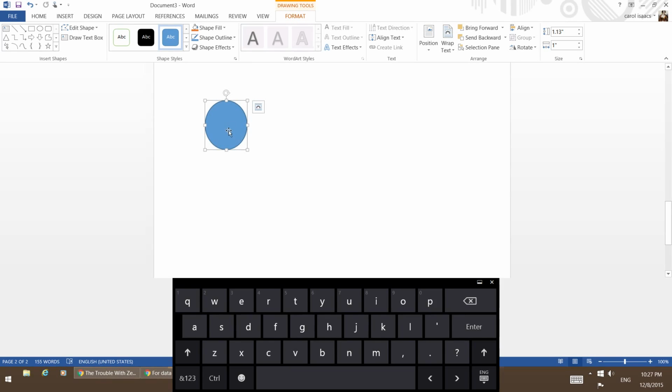That's not quite an oval. That's a circle inside a square, right? This is part of their... That's funny. Anyway, you get the gist of it.